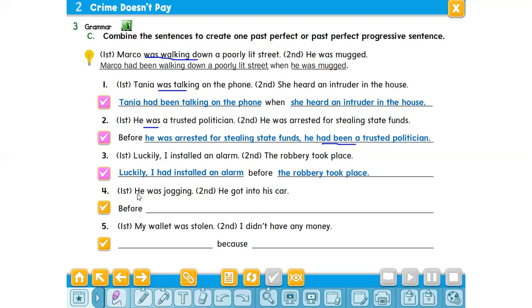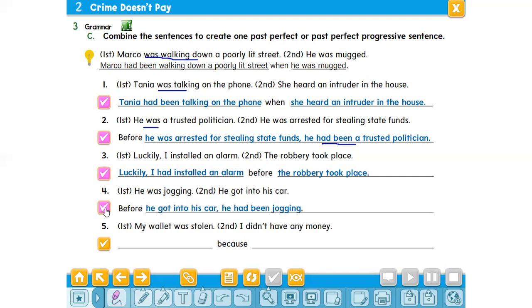Number 4, at first he was jogging. Then he got into his car. We will start with before, followed by the second action. What about the first action? Past progressive. So we will use past perfect progressive.